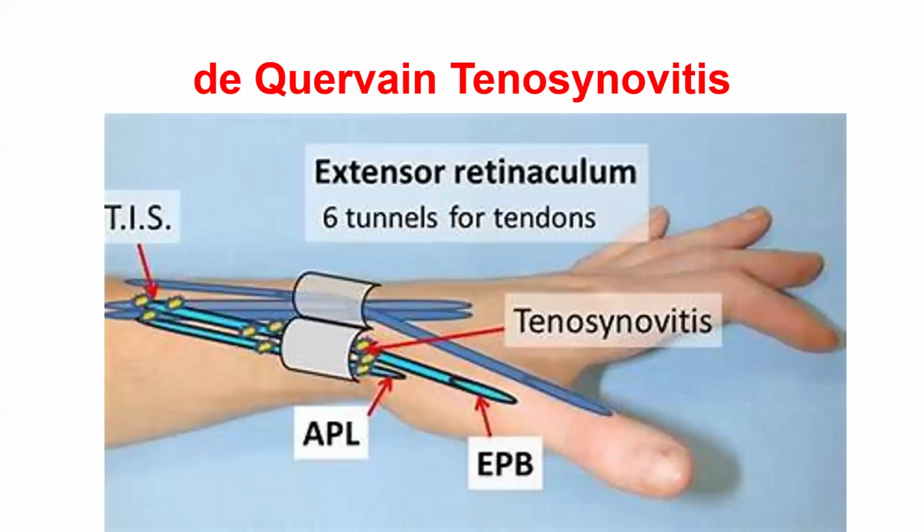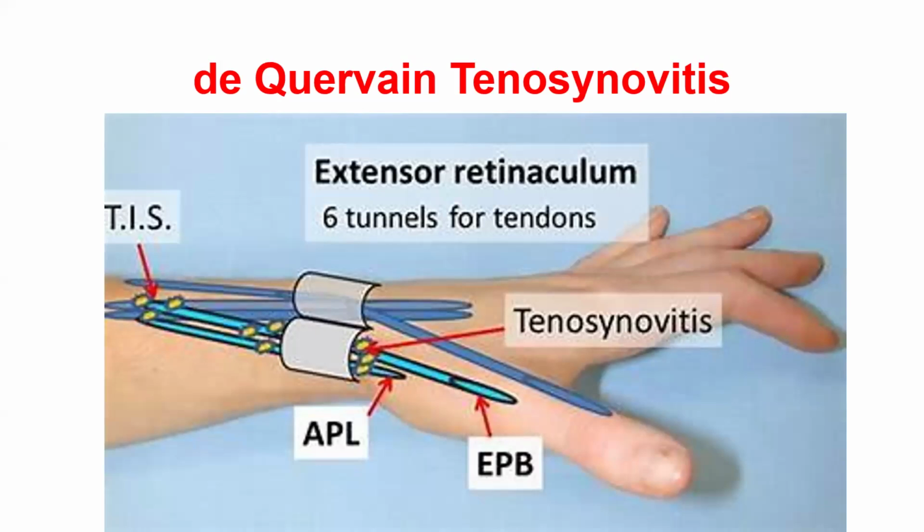This shows you de Quervain tenosynovitis. You see the abductor pollicis longus. You see the extensor pollicis brevis passing through the retinaculum, through the tunnel, and this can get inflamed.